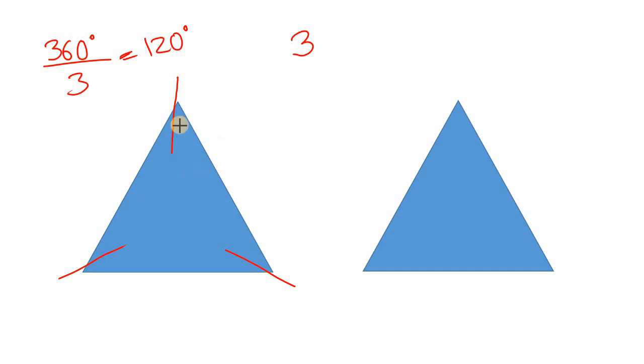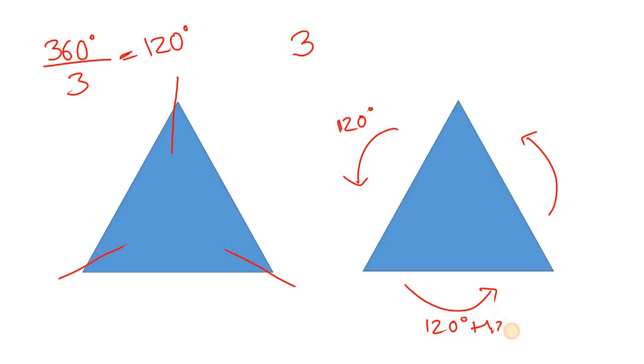And this means that you have to rotate the figure each time by 120 degree to get to an identical position. So total 120, next 240. 120 plus 120, and then 120 into 3, which is 360 degree, identical. So that's the basic idea.